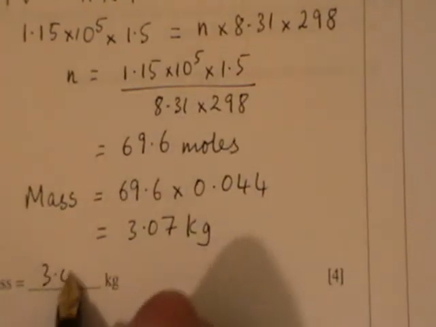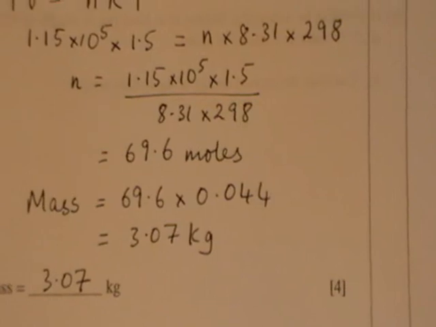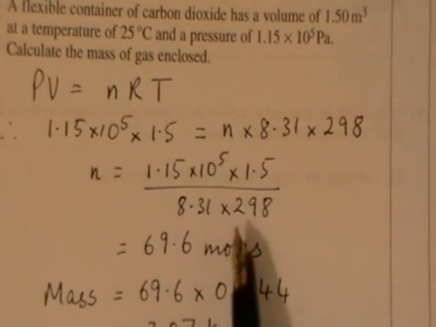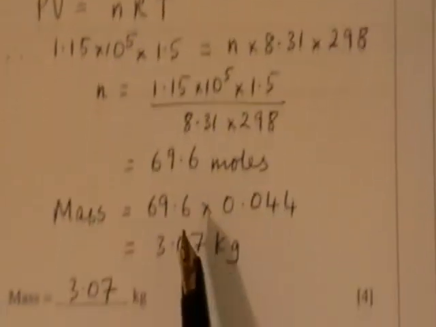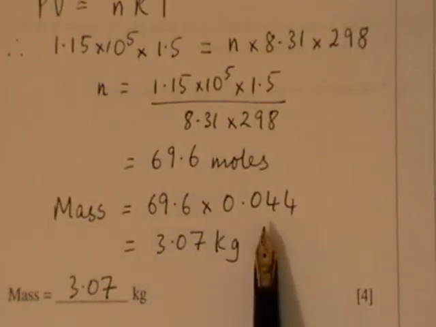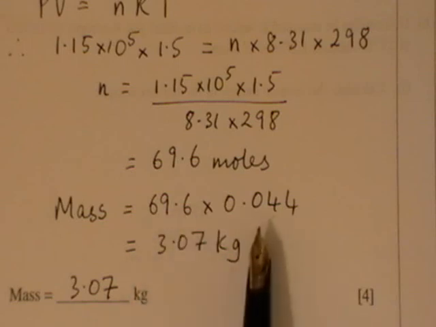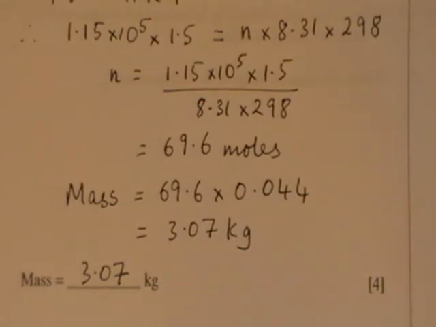So we simply use PV equals nRT to work out the number of moles. Once we know the number of moles, we know the mass of 1 mole, therefore that gives us the mass of the number of moles that we have by multiplying by 0.044, and that gives us an answer of 3.07 kilograms.